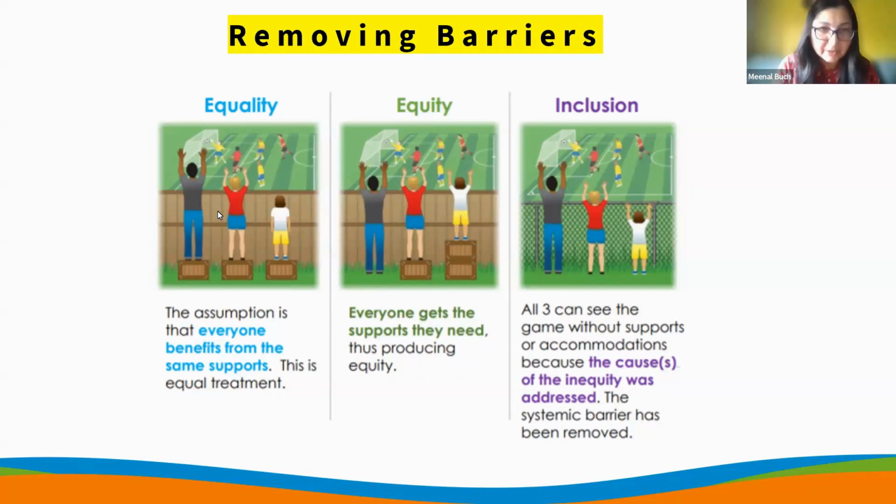So that's where we bring in equity and try to ensure that everyone's challenged at the right level, and no one's getting bored and no one's feeling overwhelmed, isn't it?